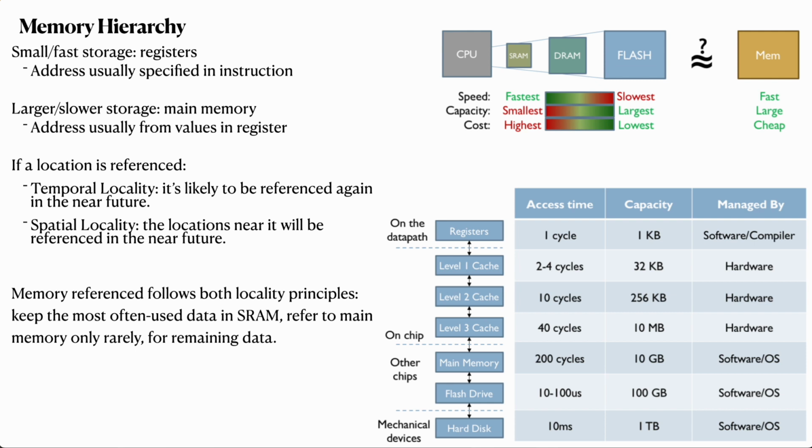The memory references follow the locality principles, where it keeps the most often used data in SRAM and only refers to main memory for the remaining data. And here's a table of different components, their access time, capacity, and who manages them in the operating system.